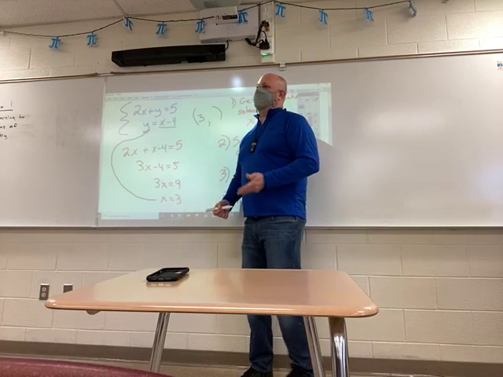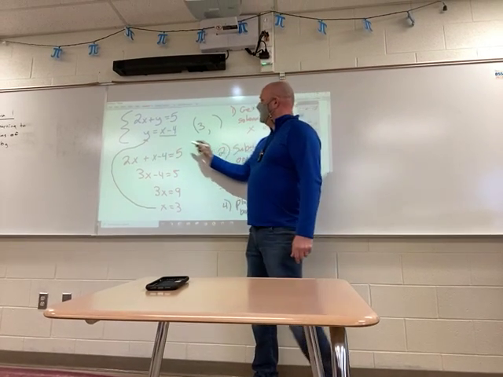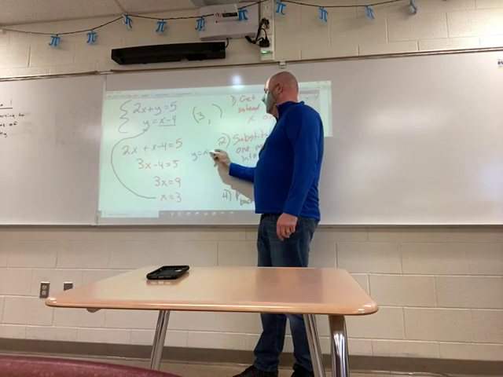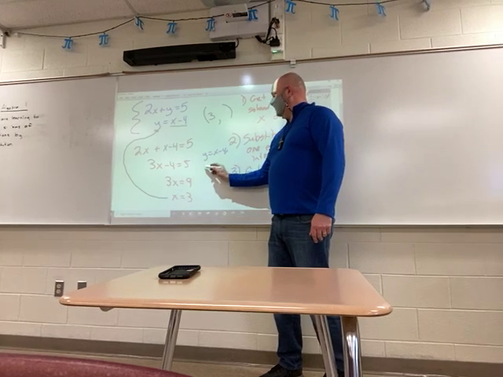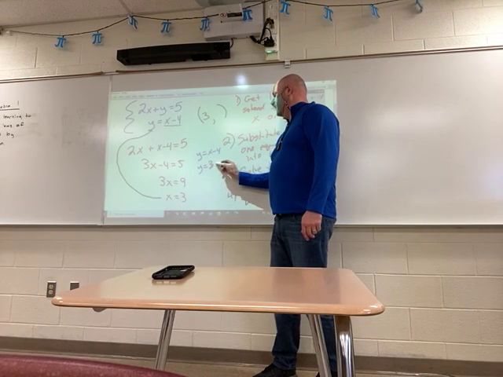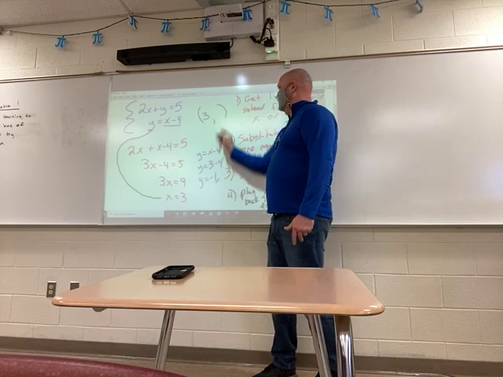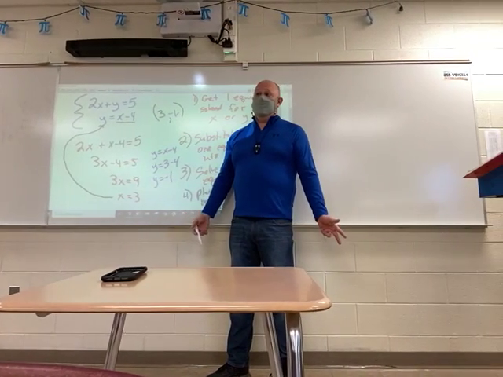That one's already solved for y. Officially, it doesn't matter where you substitute it into, but I would substitute it right into here. So we have y equals x minus 4. We know the x is 3, so we go 3 minus 4. What's 3 minus 4? Negative 1. The answer is 3, negative 1. It really is that easy.